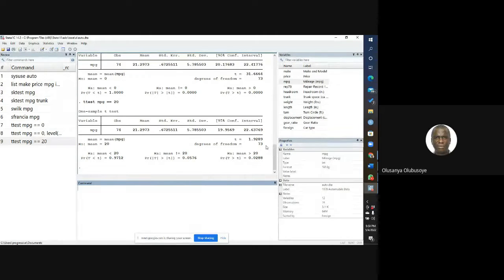So you can also change the level if you so wish. You can change the level and put 90.